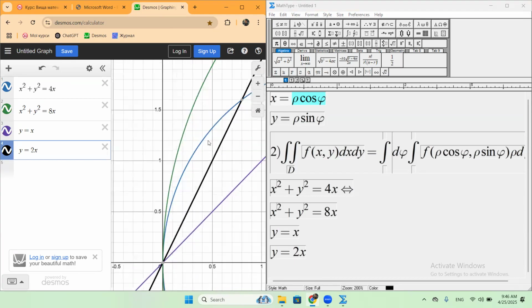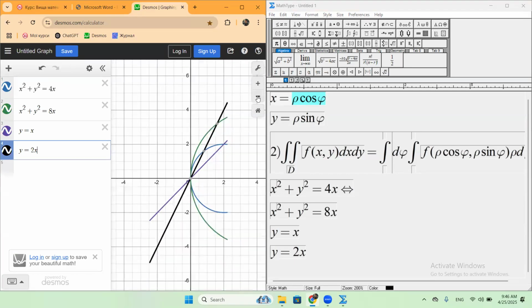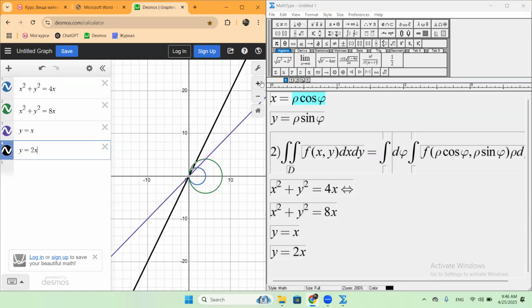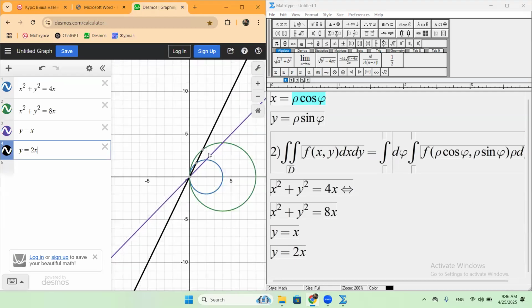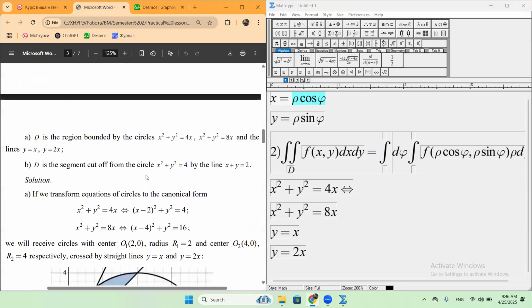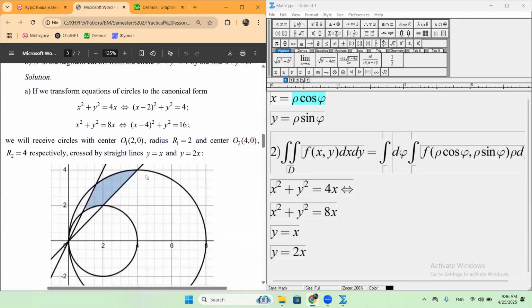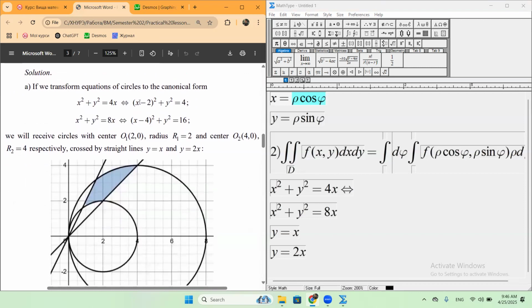So actually we have the following segment. By the way, let's look at this plot, it looks better. Here we also have the coordinates of the centers of the circles, but we don't need them when moving to polar coordinates. That's just for an easier plot.